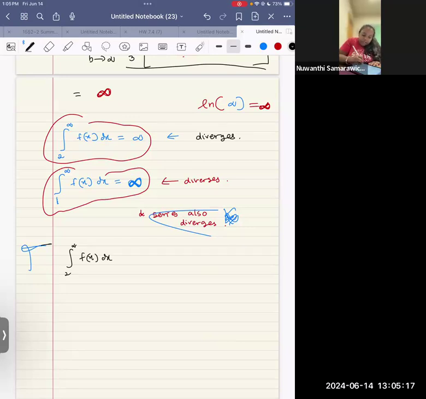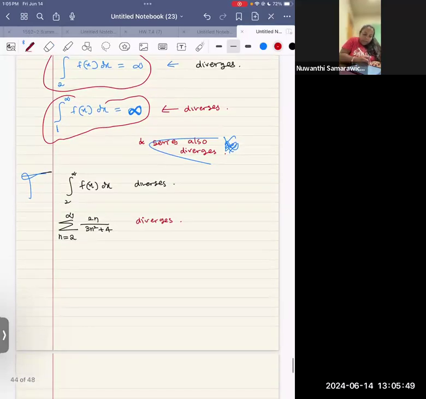We can write this as a series, n equal to 2 to infinity. Because this diverges, our series, 2n over 3n squared plus 4, diverges.